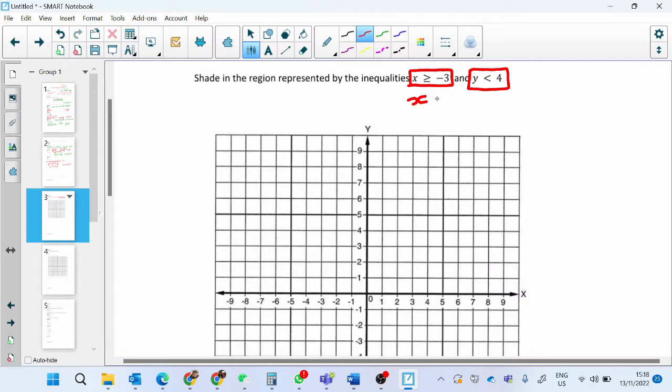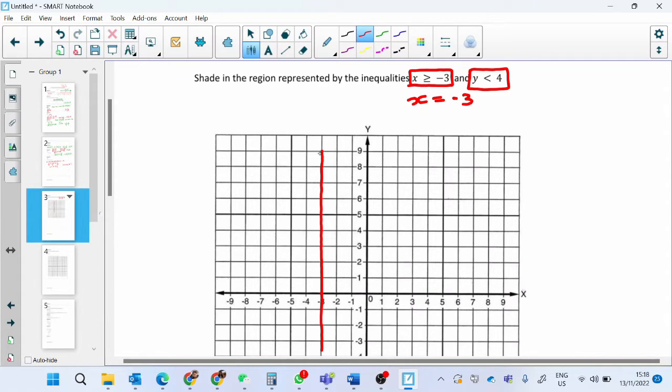If it is x is equal to negative 3, where would it be? So this is the x-axis and negative 3. So I would try to plot this here. This is negative 3, and it says x is greater than negative 3. So the greater than negative 3 is this side, right?